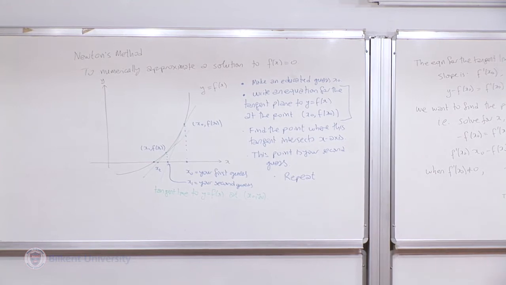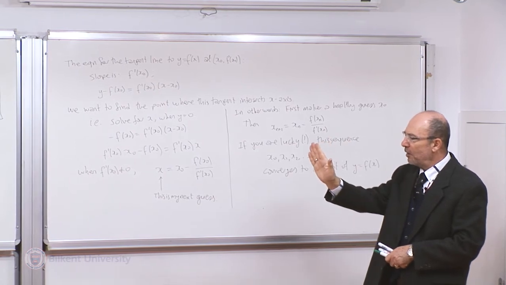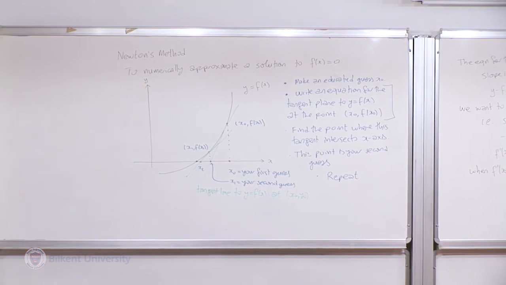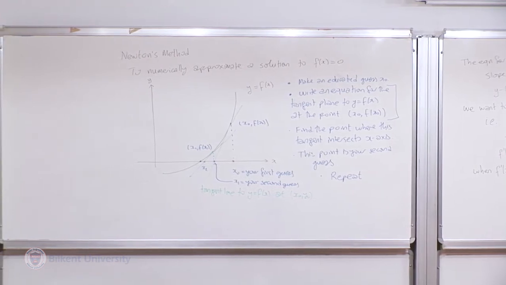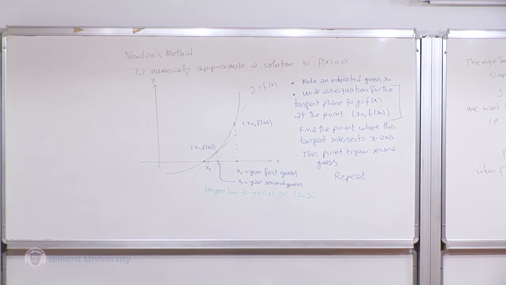It never converges anywhere. Sometimes the shape is like this locally, but if instead of making that lucky x sub 0 guess, you move a little bit to the right, the tangent line cuts the curve at some other point, and then it converges to a different root. So you have to be careful with these things when you are doing numerical calculations.